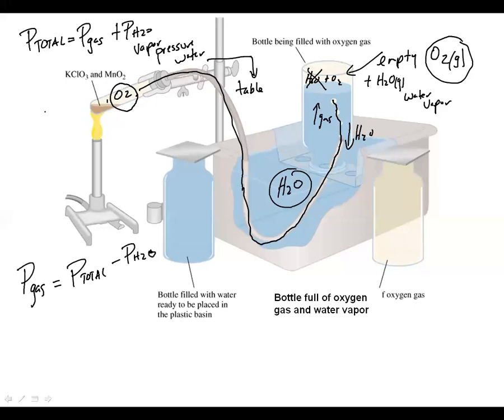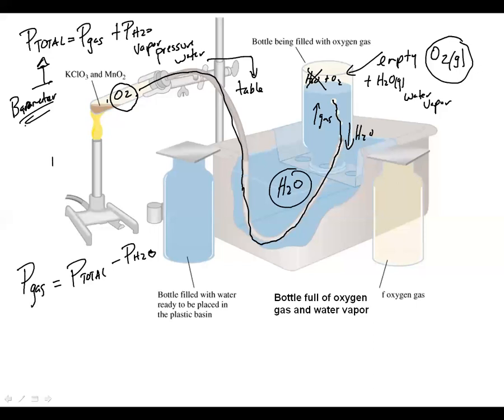Where do you find the total pressure? Well, if you're doing an experiment, that's usually your barometer reading. Very badly scribbled there, but that's supposed to say barometer reading. So that would be your barometer reading, like you get off the wall. It's your total pressure. It's basically atmospheric pressure. And you have to sort of do this in these type of problems because, again, you're interested really in just the gas you're collecting, which again, in this example would be the O2.